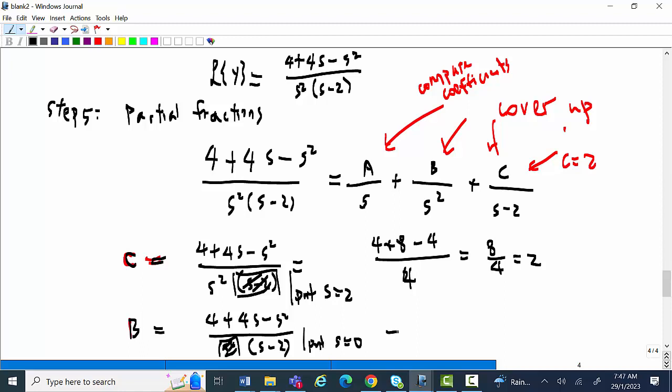So you get 4 plus 0 minus 0 over 0 minus 2, and then you have minus 2. So B is equal to minus 2 now. And what is left is the value of A above s.